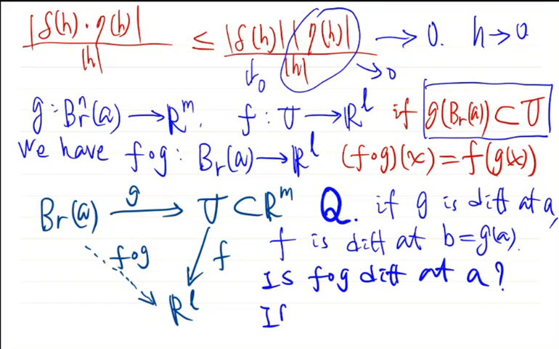If yes, what is the derivative at A? This is the question the chain rule will address.